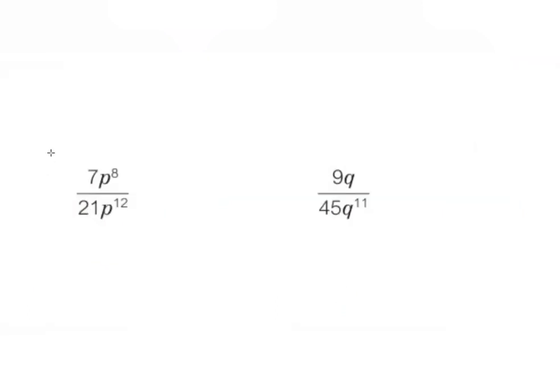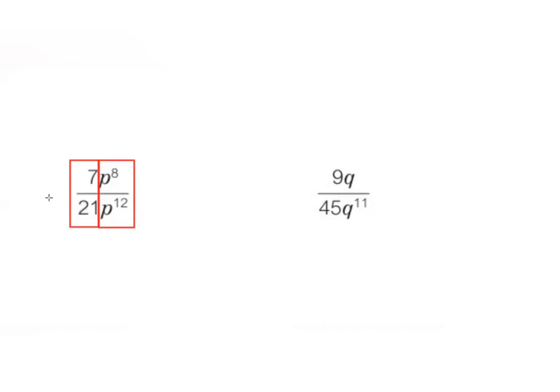Questions sometimes come in that way, in which the numerator is smaller than the denominator. We're going to follow the same steps. First, we work on the coefficients, and then we work on the variables. When we divide 7 over 21, focus on having a smaller numerator, which means you're going to have a fraction as an answer.